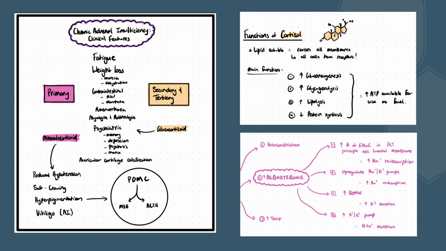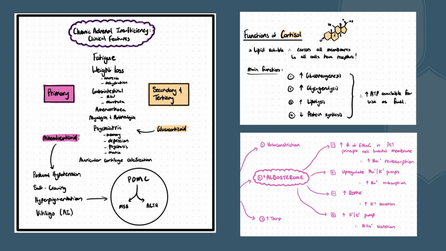So looking at features of chronic adrenal insufficiency so that we can understand these patients a bit better. Primary adrenal insufficiency can have all of the above. So fatigue, weight loss, GI symptoms, amenorrhea, myalgias, psychiatric stuff. It really is a broad spectrum. But those are all related to glucocorticoid effects.